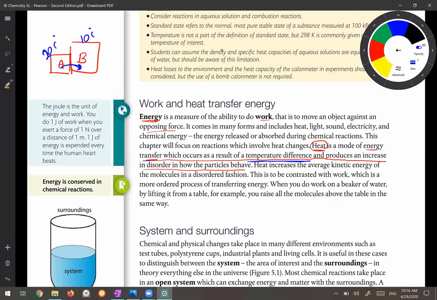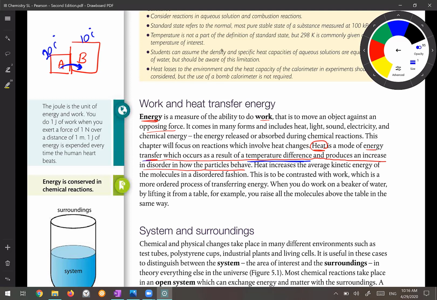What happens when the thermal energy transfers from A to B? What happens to the particles of B? What happens to the temperature of B when energy transfers to it? The temperature increases. So when its temperature increases, its average kinetic energy has increased. It means the particles in object B are now moving faster.